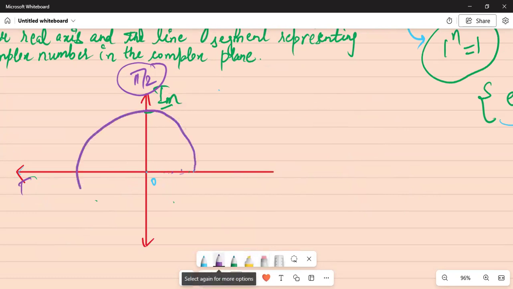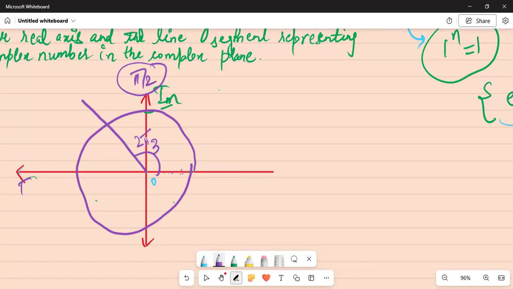So this is your whole angle 2 pi, or a unit circle. Consider this is a unit circle, and you have to divide this into 3 equal parts. So 2 pi by 3, the next is going to be 4 pi by 3, and the third is going to be 2 pi only, or 0, whatever.